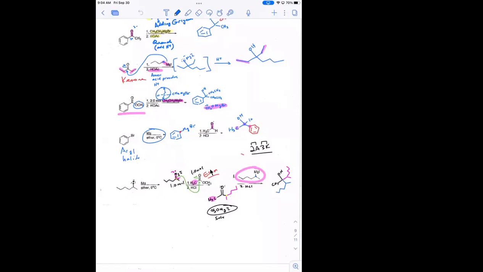We stopped here on Wednesday. We were talking about carbonyl addition and how Grignards add to carbonyls to give you alcohols, and how if you have a specific type of carbonyl, like a ketone or aldehyde, you're either going to get a secondary alcohol with an aldehyde, or tertiary with a ketone or with an ester.